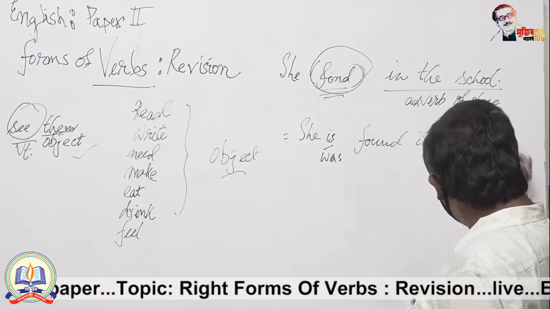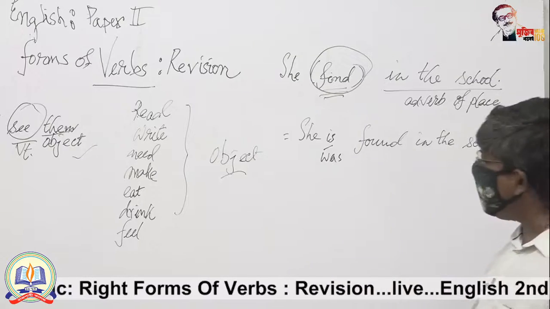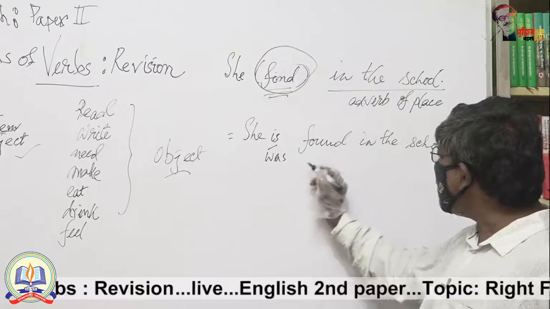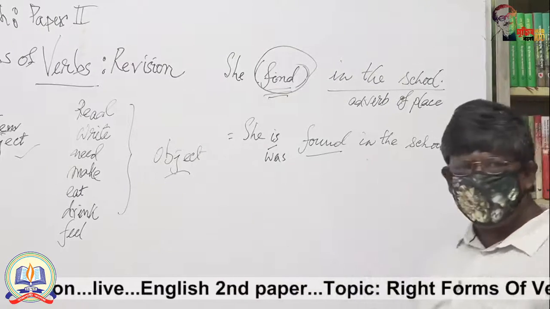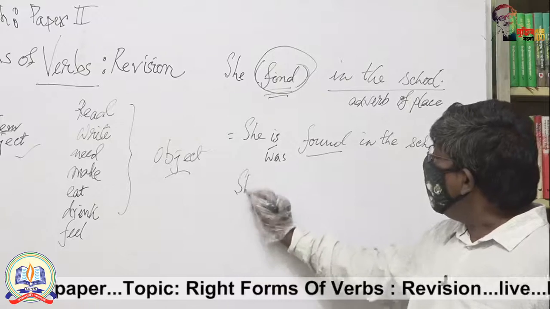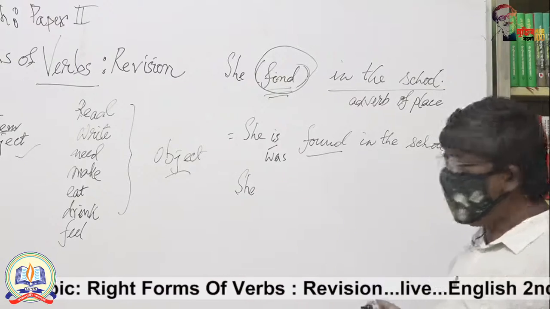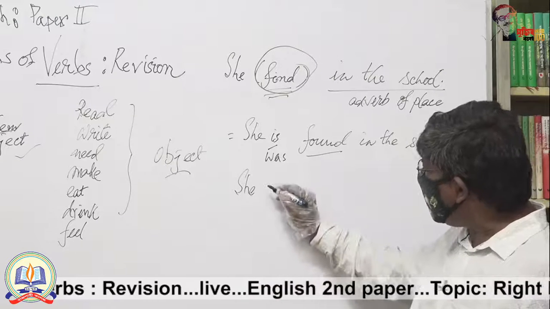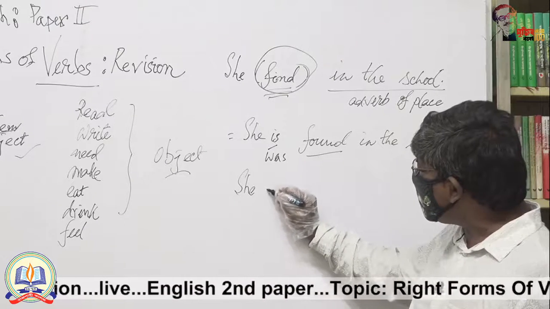Let us see the use of the verb find in the active form. Here, she is or was found in the school is expressed in the passive form, and if we want to express find in the active form, we will have to write a clause like this one.